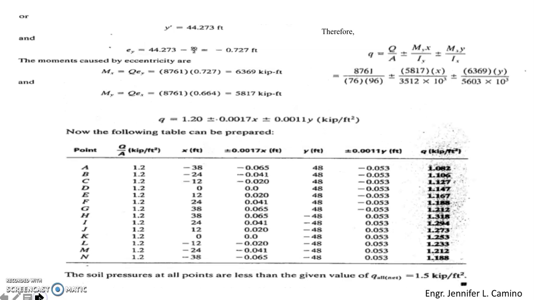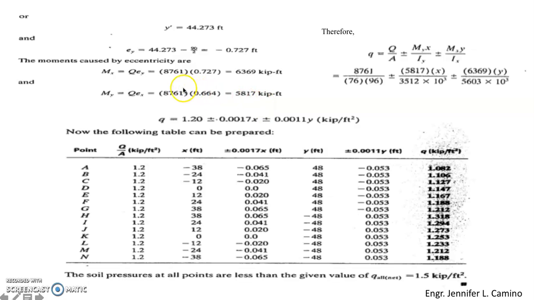So from there, you can compute now for m sub x, which is q multiplied by e sub y, and that is equal to 6,369 feet, and m sub y, q times e sub x, and that is equal to 5,817 feet.